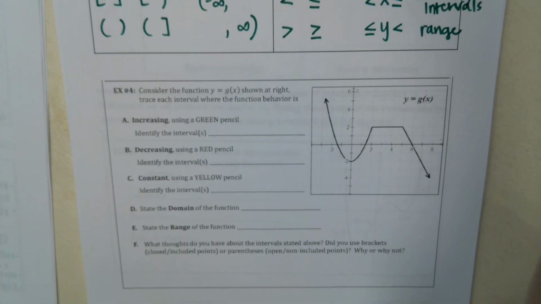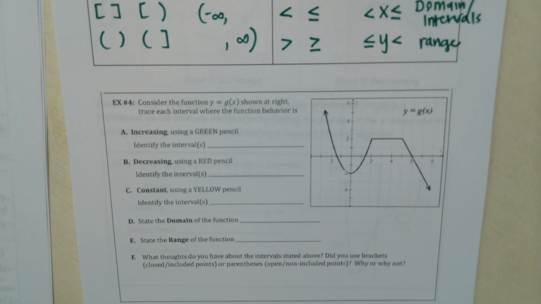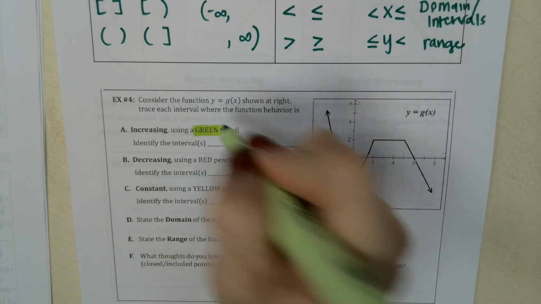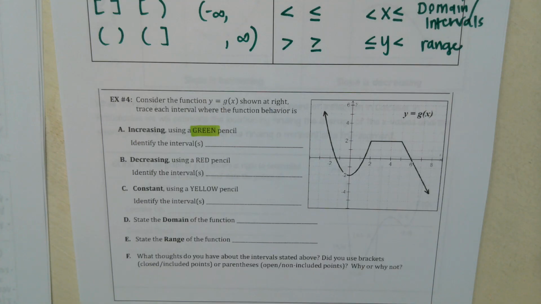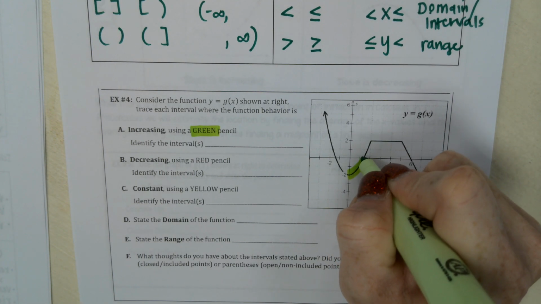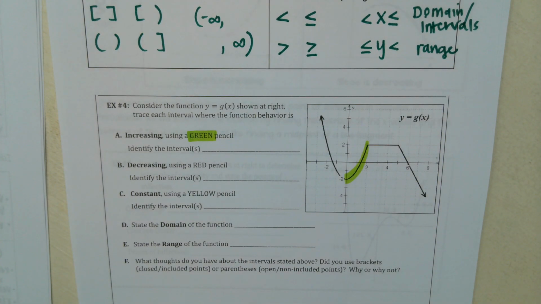All right. A very quick review of writing intervals of increase, decrease, and constant. We are asked to highlight anything that is increasing with green. This graph increases from here to here. It's going up from left to right.